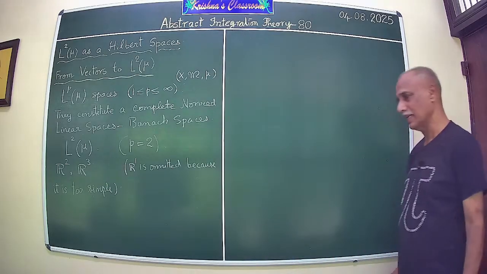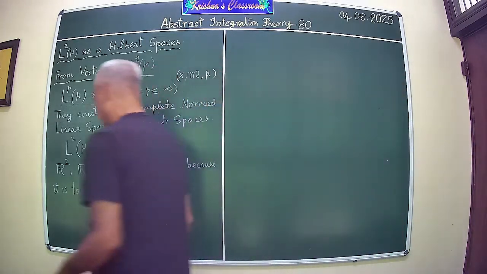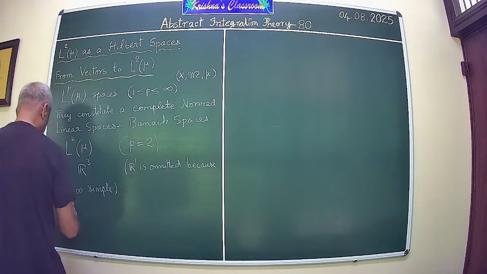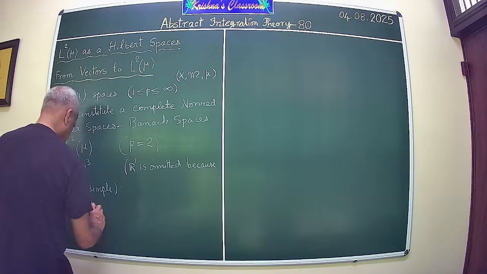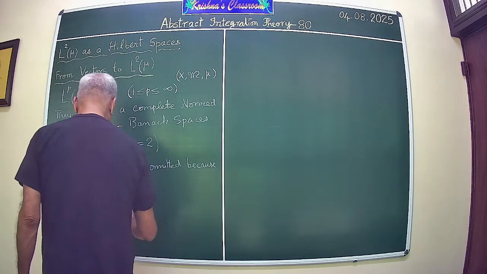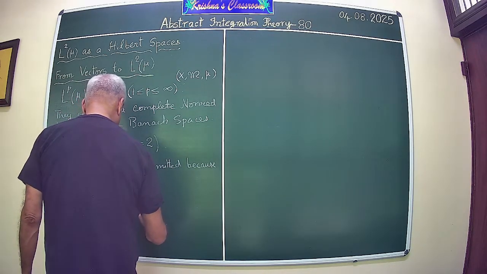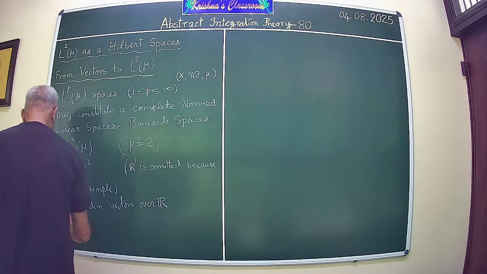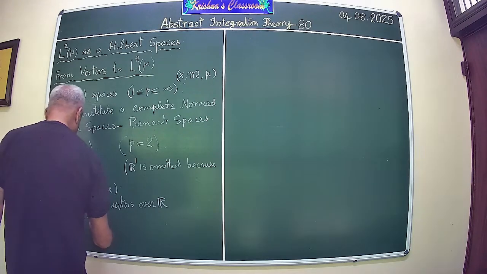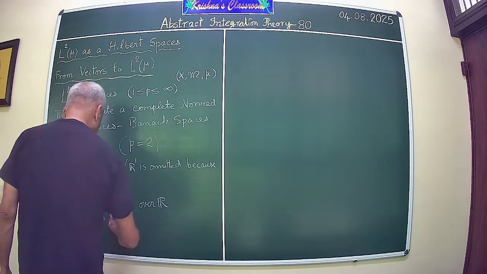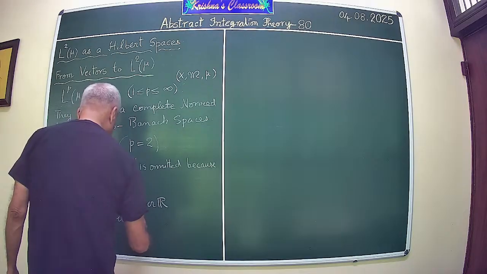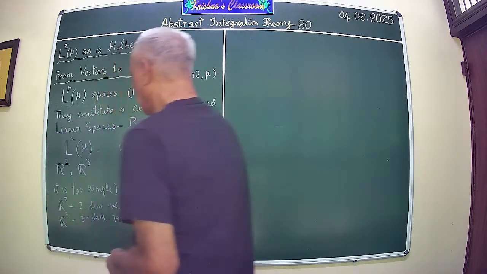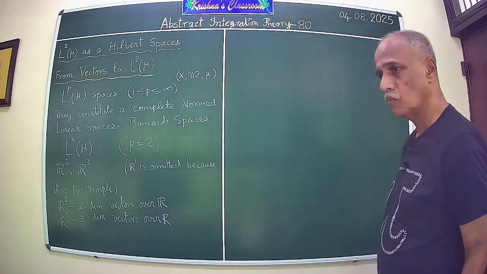But R2 and R3 are the spaces of vectors. So R2 is a two-dimensional vector space, and R3 is three-dimensional. Why these two?